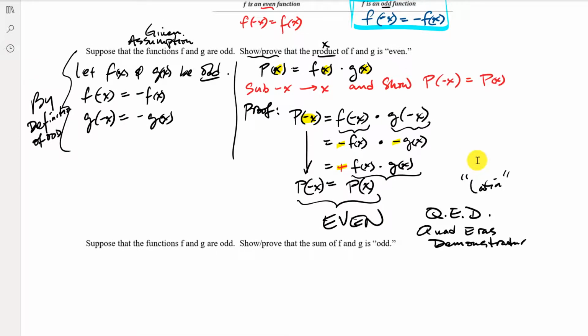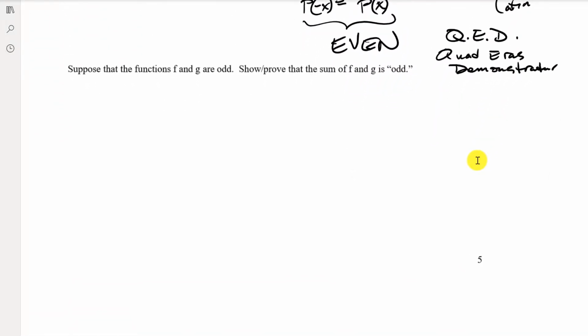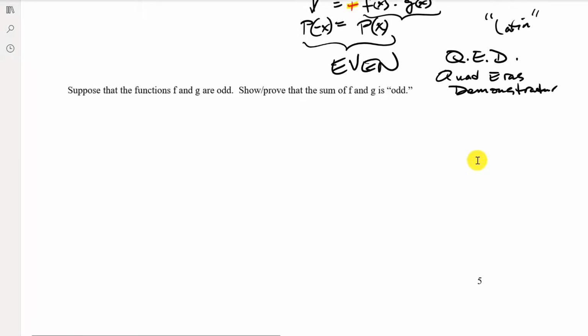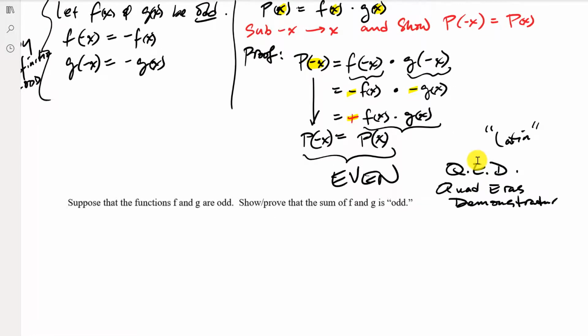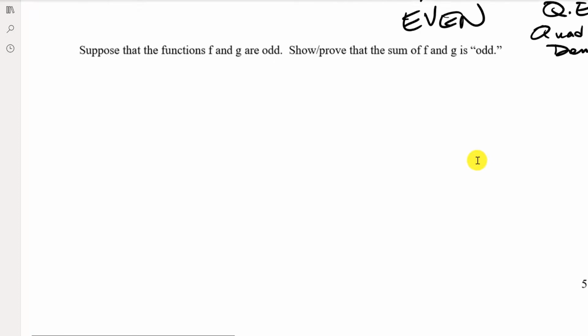QED. Now, let's take a look at another proof, because it takes more than one example to get good. So let's try this. Suppose f and g are odd again. So I am going to bring this down again. You start off with what your assumptions are. What are you given?